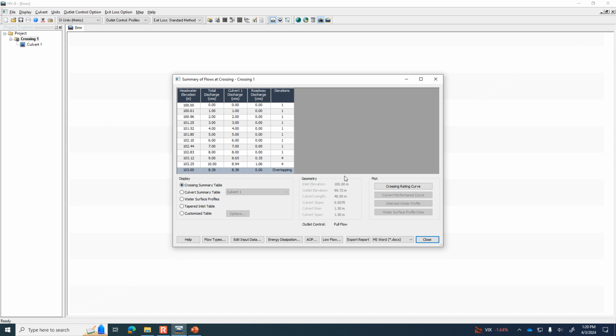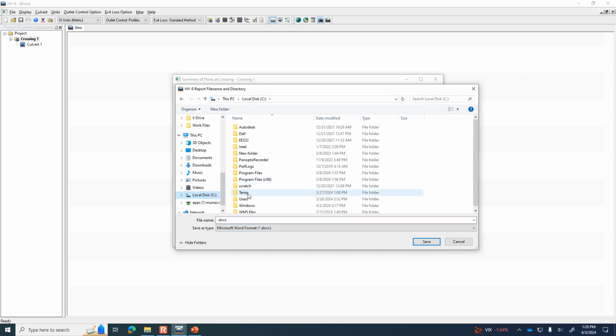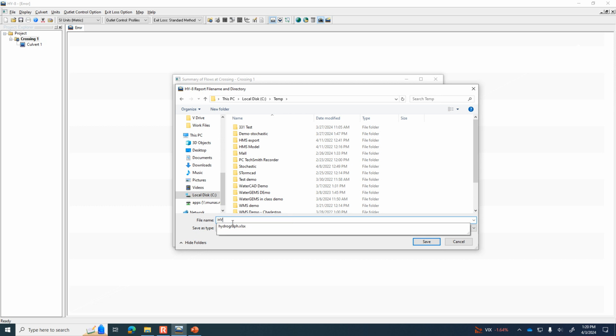By the way, there are a variety of other reports it can generate besides this summary. I don't usually bother with them because you can just get the information you need from here, but you can export reports. Let's just take a look at what one of those looks like. HY8 report.